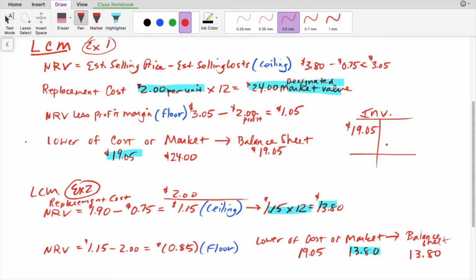And so what do we need to do? Well, we have a difference between $19.05 and $13.80, and our entry needs to be for $5.25. So I'm going to go into my books and I'm going to record a write down of my inventory.